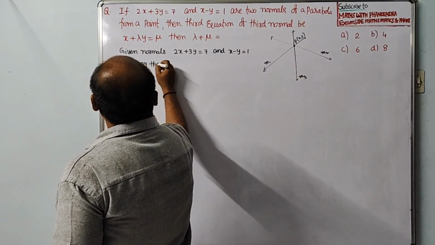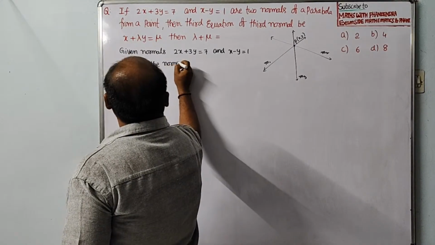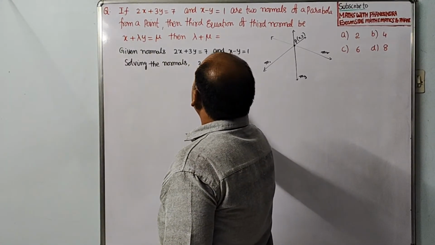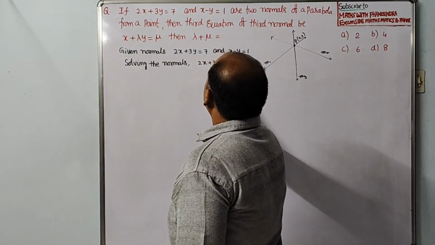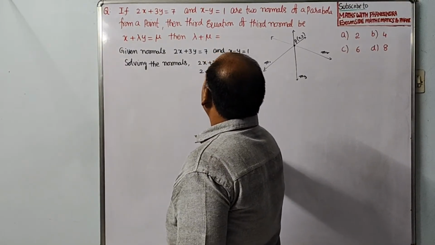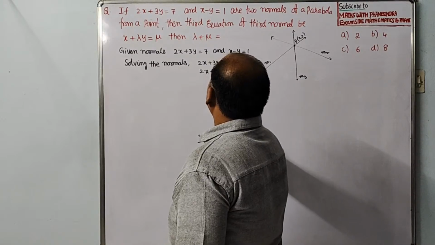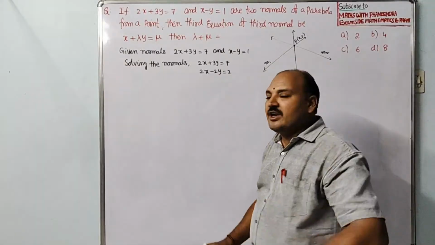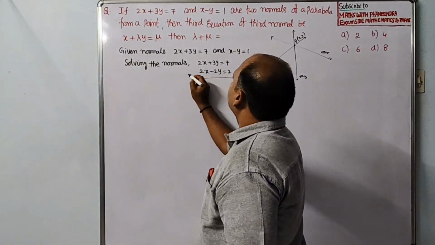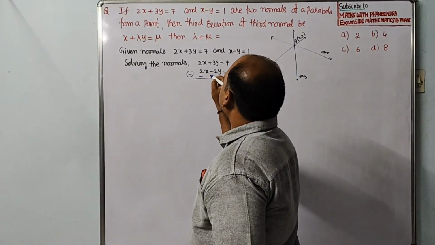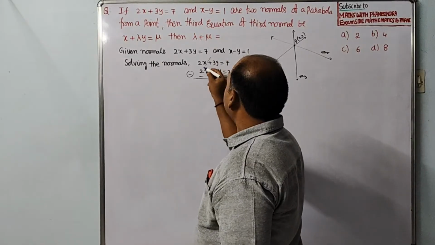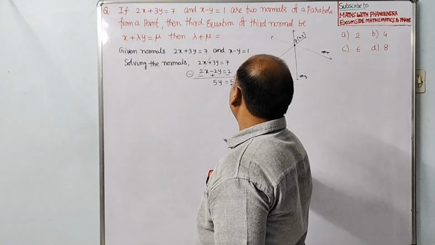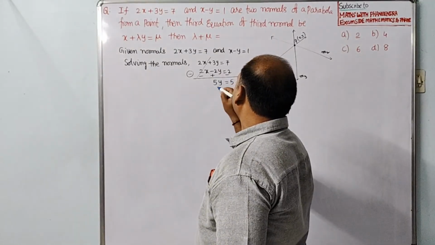Solving the normals: 2x plus 3y is equal to 7, and 2x minus 2y equal to 2, this equation multiplied by 2 to eliminate 2x. So subtract: these two will be cancelled. 5y equal to 5, y equal to 1.